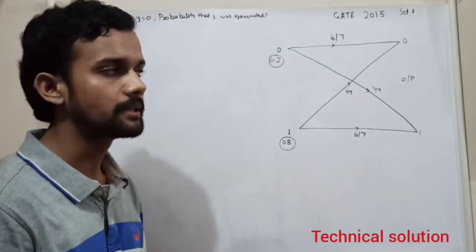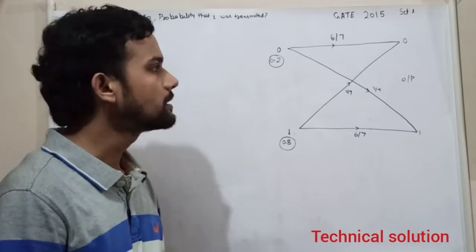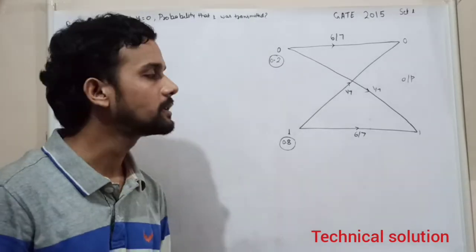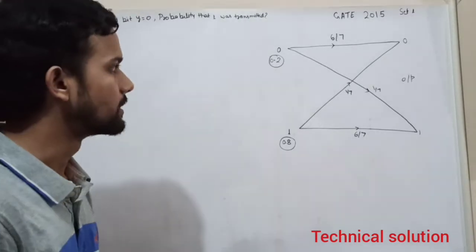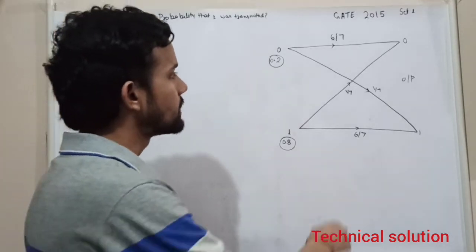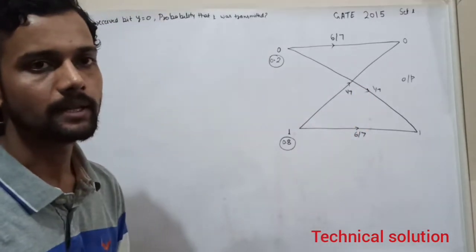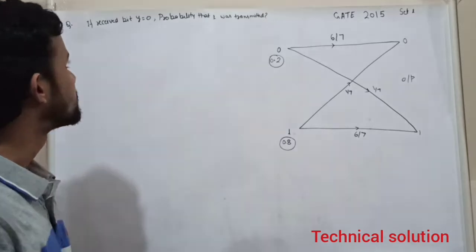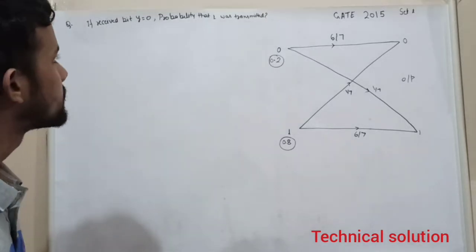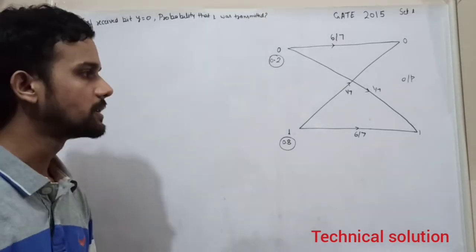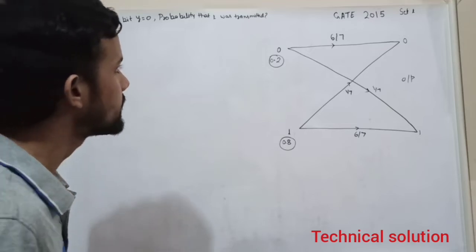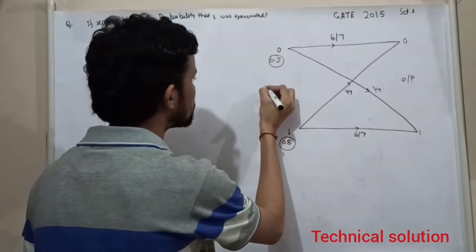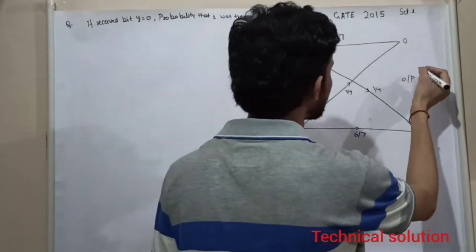This question was asked in GATE 2015 in set 1, and in the question the binary symmetric channel is given in which the crossover probability is 1/7. We are asked to find out if the received bit y equals 0, then the probability that 1 was transmitted. As you know, this is the input which is transmitted and this is the output which is received.